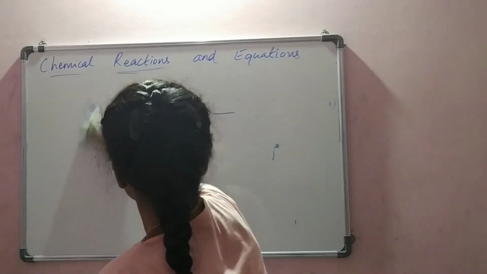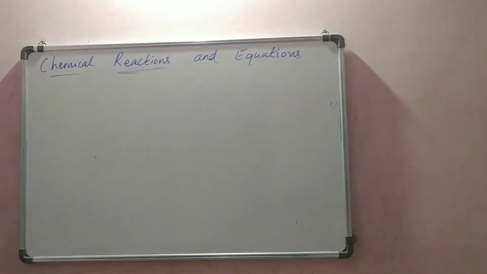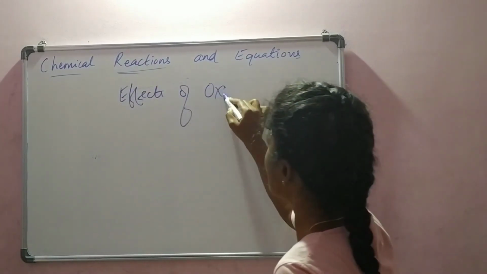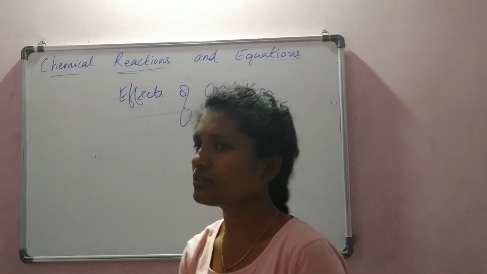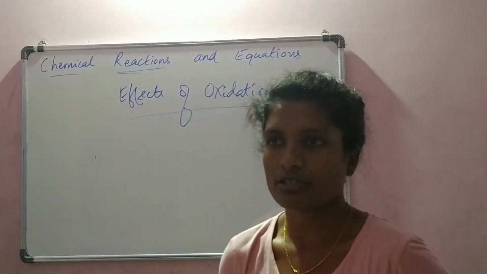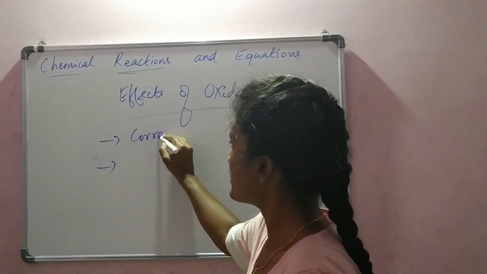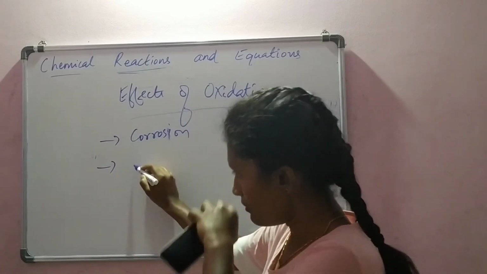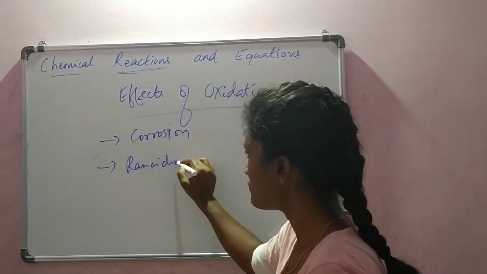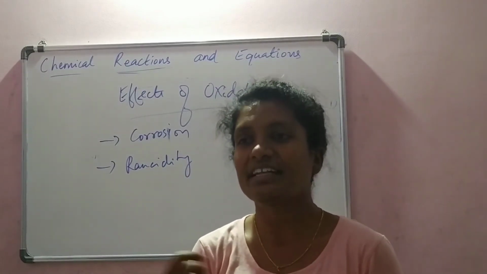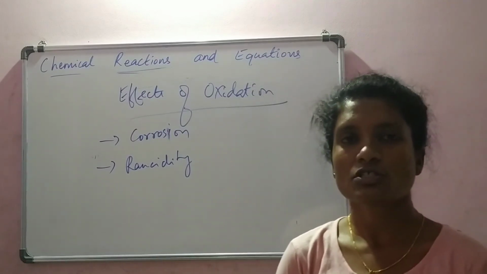Now, since we are talking more about oxygen, oxidation reactions will cause certain problems. So there are some effects of oxidation, because when oxygen gets into a few compounds, it creates problems. The two major problems faced are corrosion and rancidity. Corrosion is when metals are eaten up when oxygen comes in contact with them, especially iron.